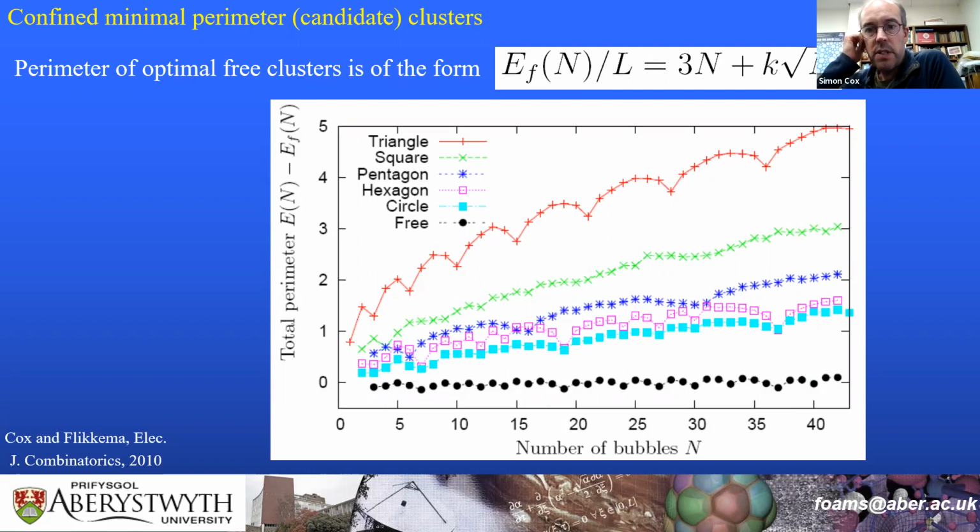And then move up to the circle, hexagon, pentagon, and you still see those dips at the magic numbers, but also some extra dips in between them, until you get up to the triangle, clearly highly constrained, and so rather high energy, but a beautiful repetition of the arc, and nothing out of place.